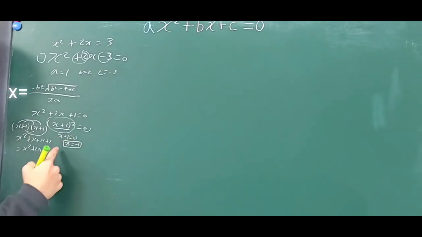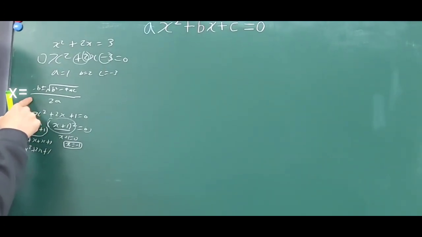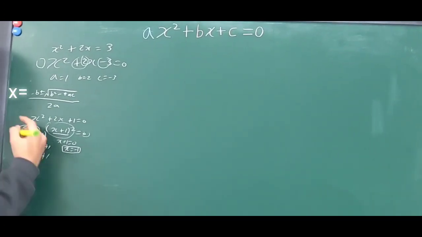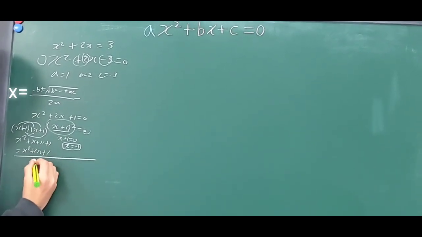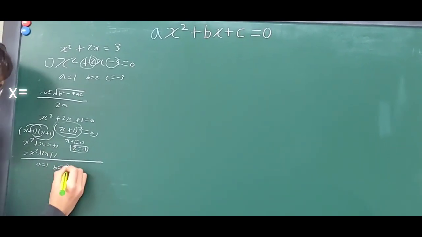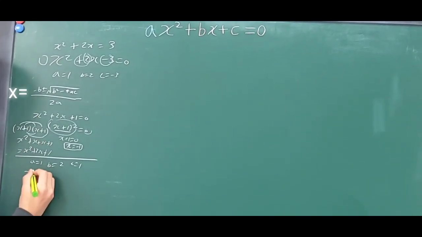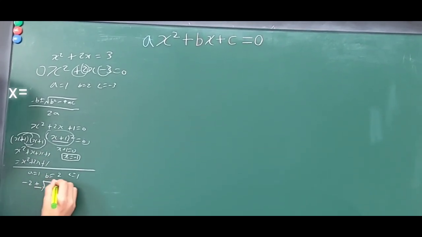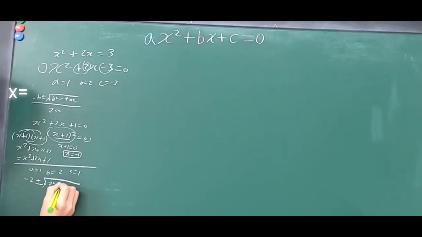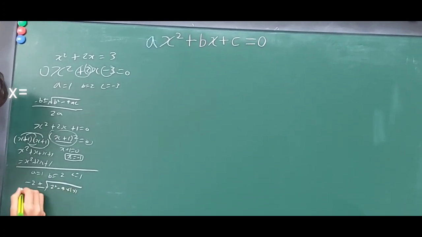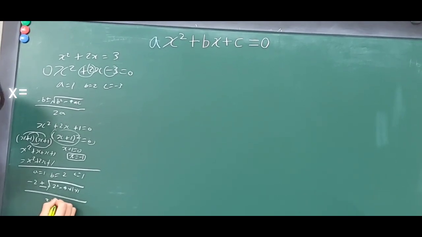Now let's see if this works for this quadratic formula too. That means in here a equals 1, b equals 2, c equals 1. I'm going to plug in this: negative 2 plus or minus square root of 2 squared minus 4 times 1 times 1 over 2 times 1.